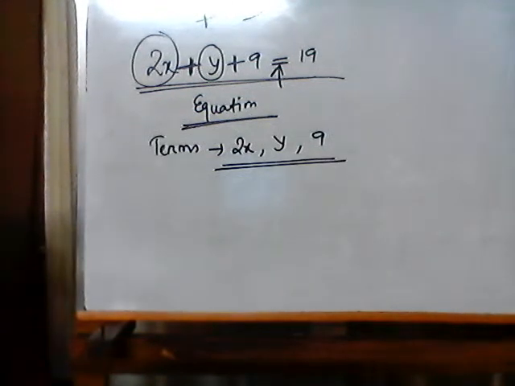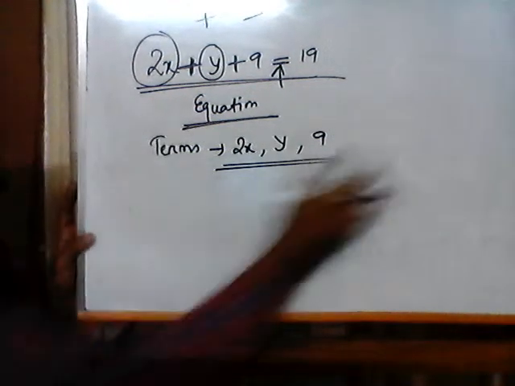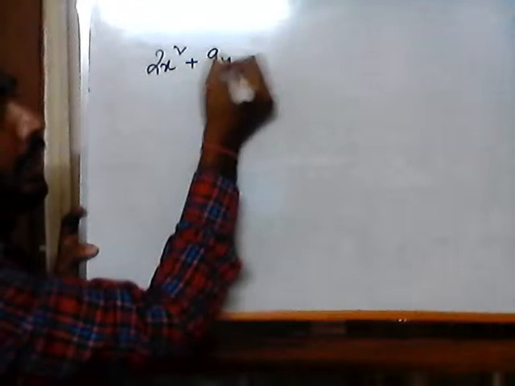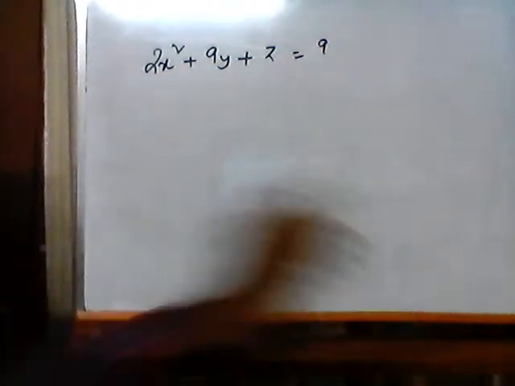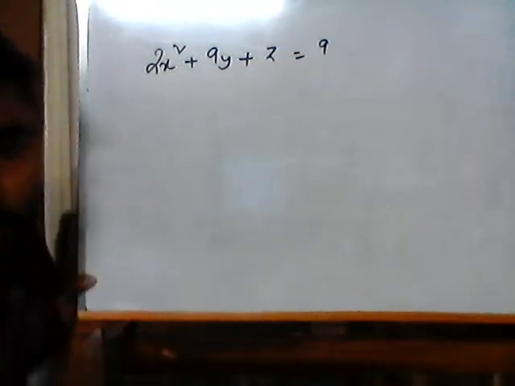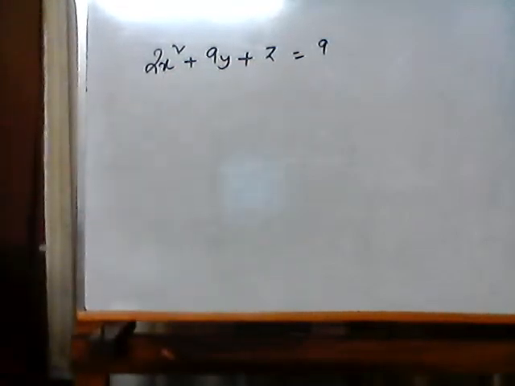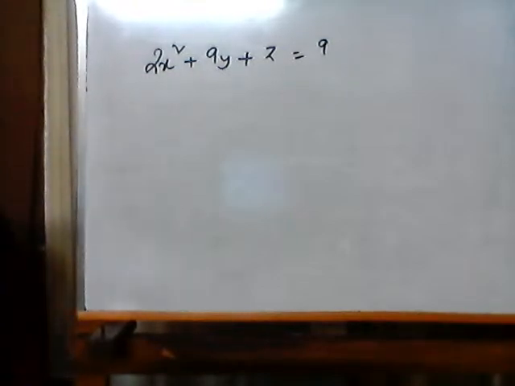Then comes degree. Suppose I have an equation twice x square plus 9y plus z is equal to 9. How many terms are there? I'm asking how many terms are there.